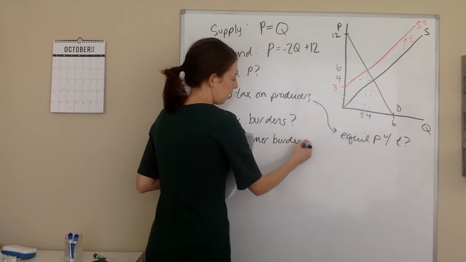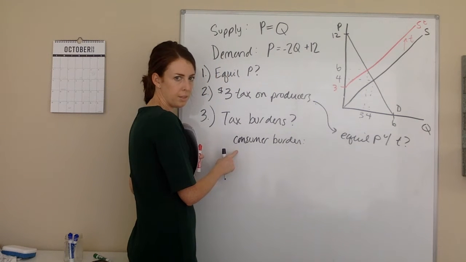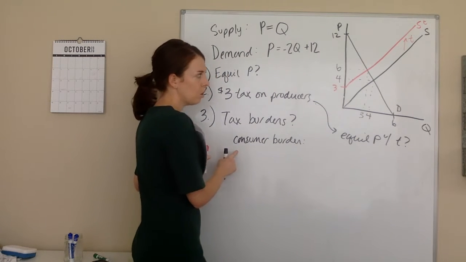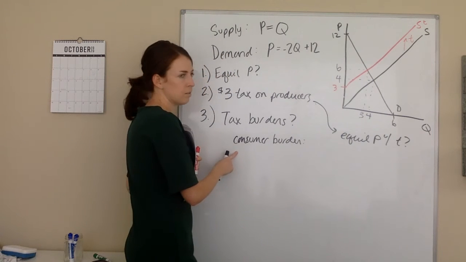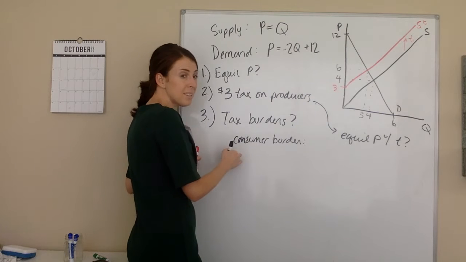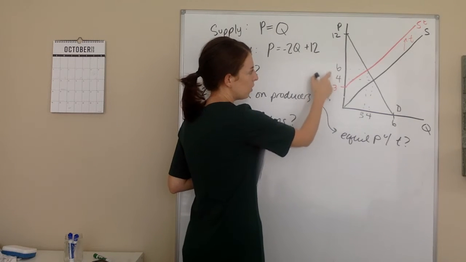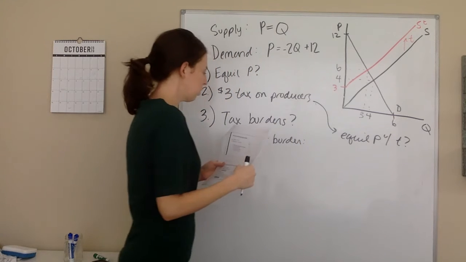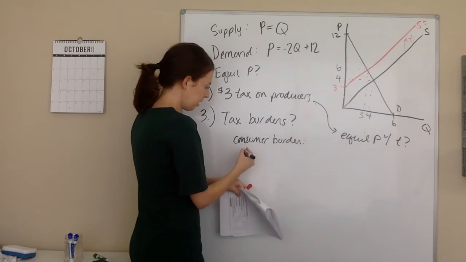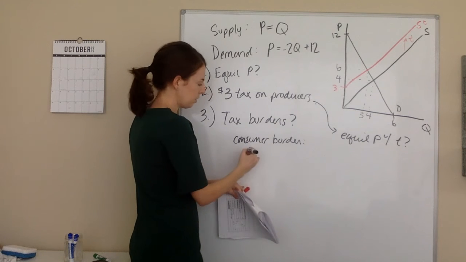For the consumers, recall they're not the ones who have to write the check to the government for the tax. So all the consumers care about, since they're not explicitly paying the tax, is the difference between the new and the old equilibrium prices. So to calculate the consumer burden, you think about it this way.